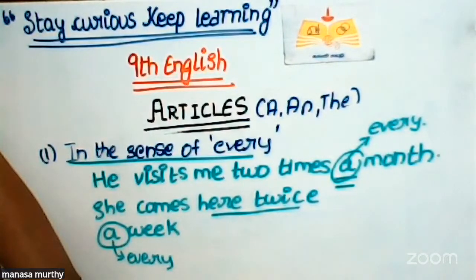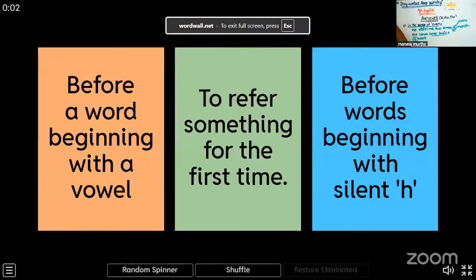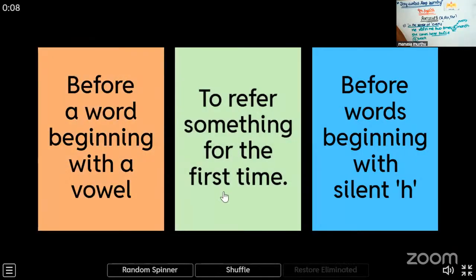Now we are going to see cases where we use article an. Usage of article an before a word beginning with a vowel, to refer to something for the first time, before words beginning with the silent H. It's not how, but it is having a silent H, like hour, hotel.